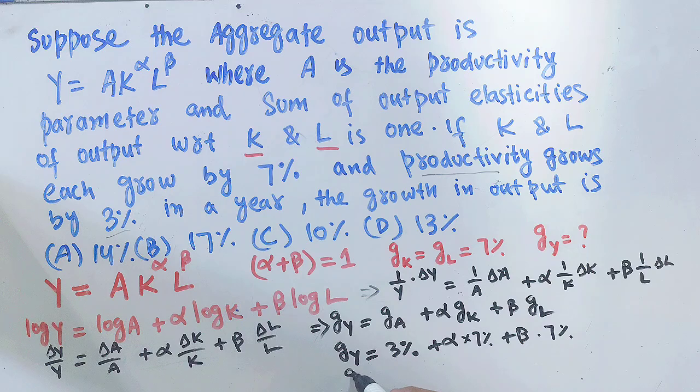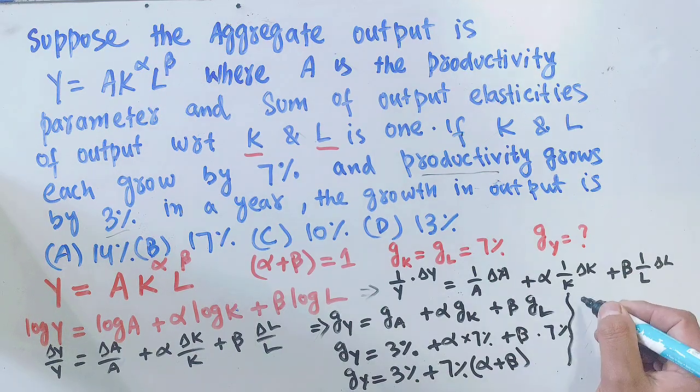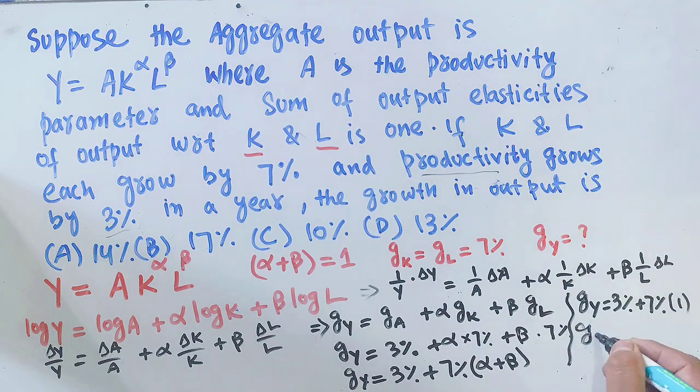Solving further, the growth rate of output will be equal to 3% plus, taking 7% common, we are left with alpha plus beta. Now we know that alpha plus beta, the sum of output elasticity of capital and labor, is equal to 1, so the growth rate of output will be equal to 3% plus 7%, that is, the growth rate of output will be equal to 10% in this case.